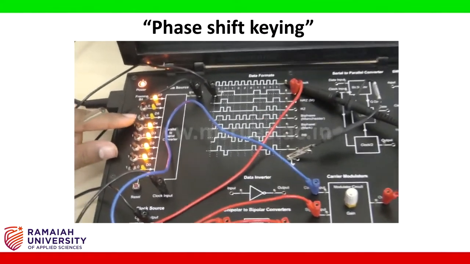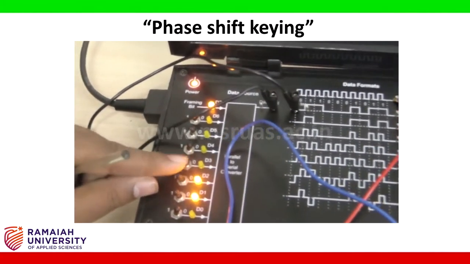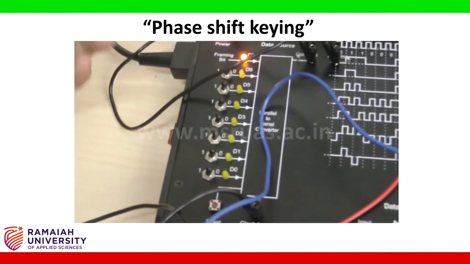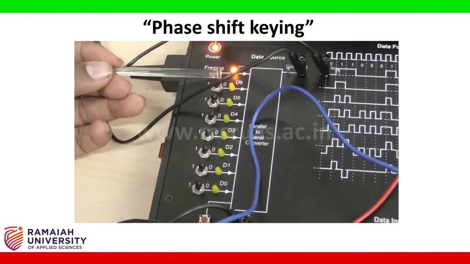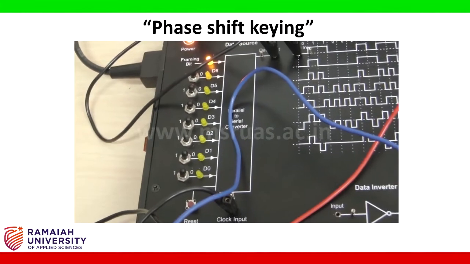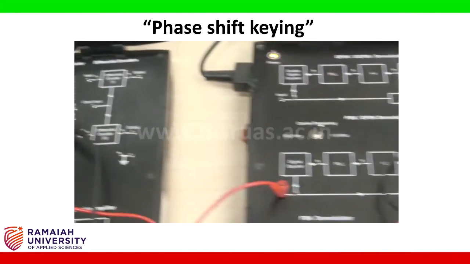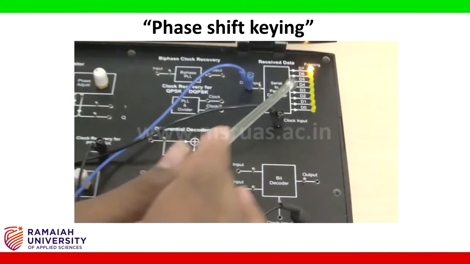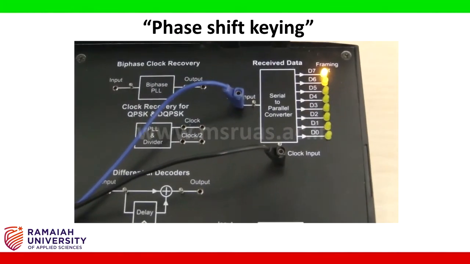Now let us set all the bits to 0 and transmit only the framing bit. You can observe the corresponding framing bit on the receiving 2157 board, that is D7 here.